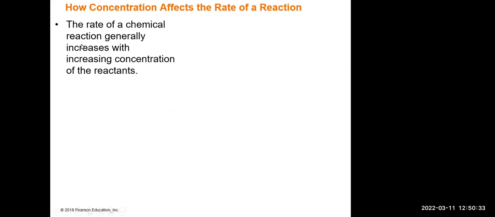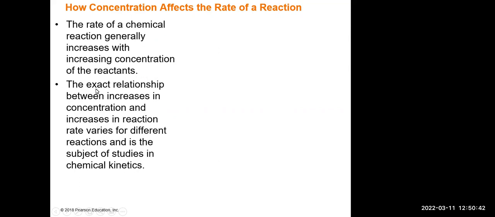The rate of a chemical reaction generally increases with increasing concentration of the reactants. The exact relationship between increases in concentration and increases in reaction rate varies for different reactions and is the subject of a study in chemical kinetics.